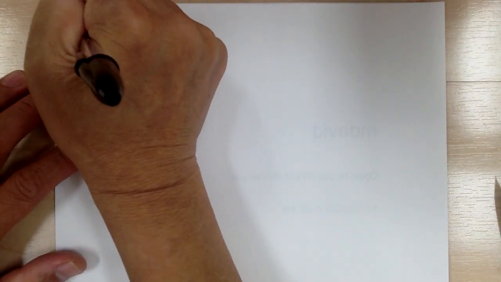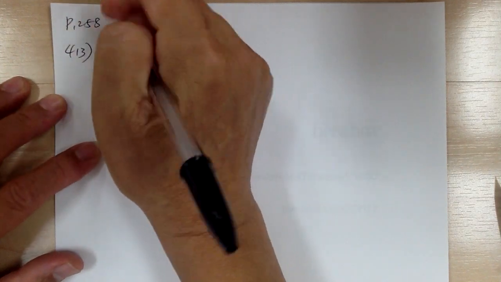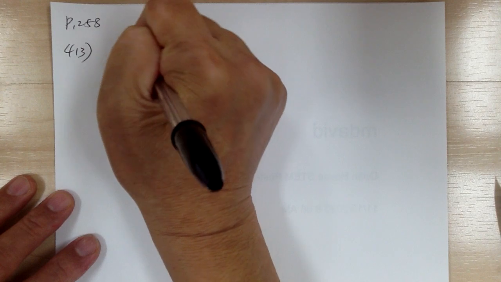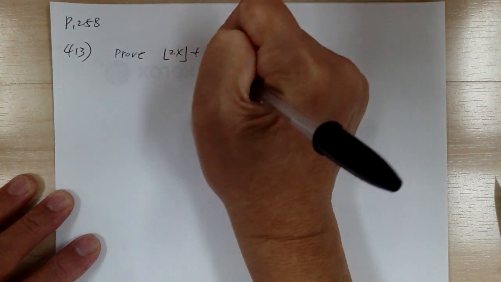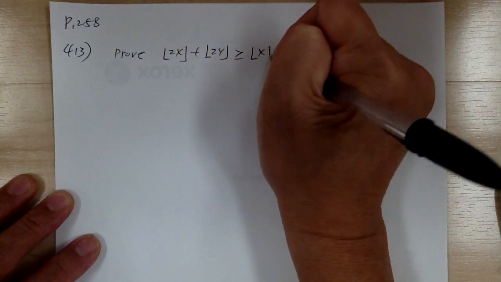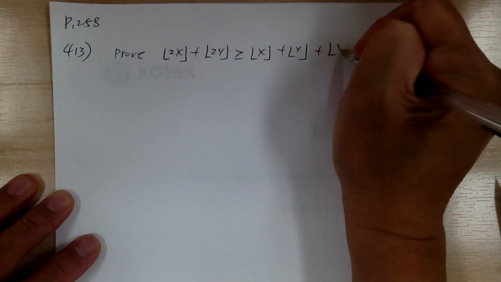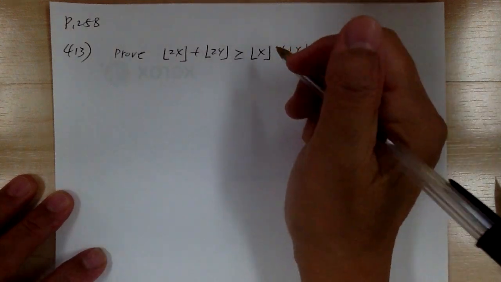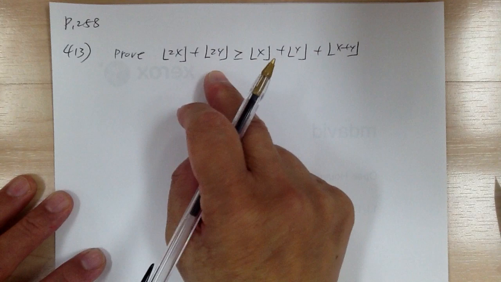Okay, let's go to page 258 and number 413. So you want to prove that the floor function of 2x plus the floor function of 2y is greater than or equal to the floor function of x plus the floor function of y plus the floor function of x plus y. Okay, so to prove this, we're going to start from here and see that this is always going to be true.